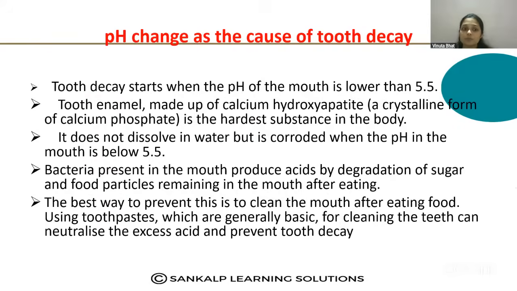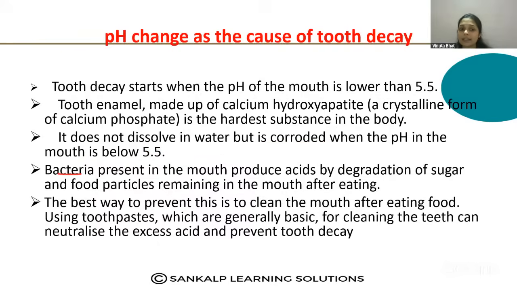But it does not dissolve in water, yet it is corroded when the pH in the mouth is below 5.5. So it can also be destroyed if our mouth pH is less than 5.5.